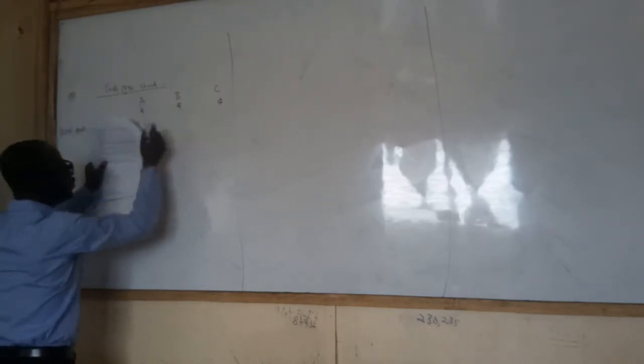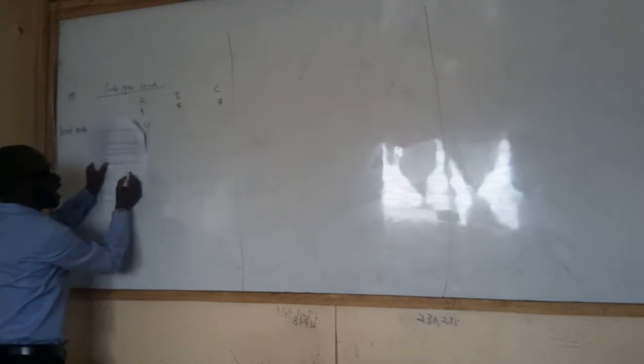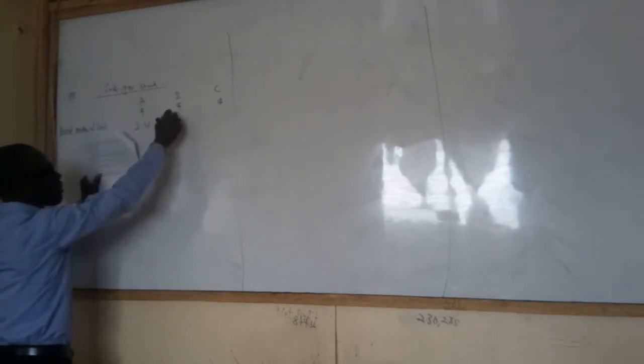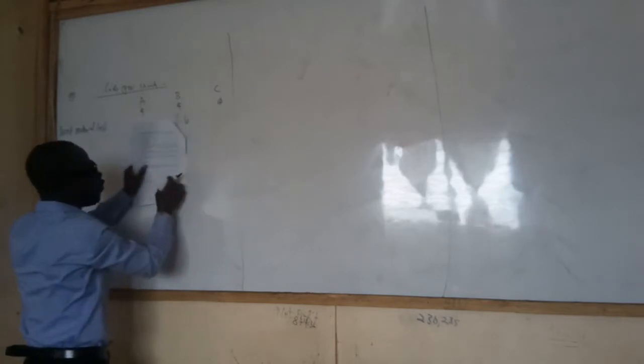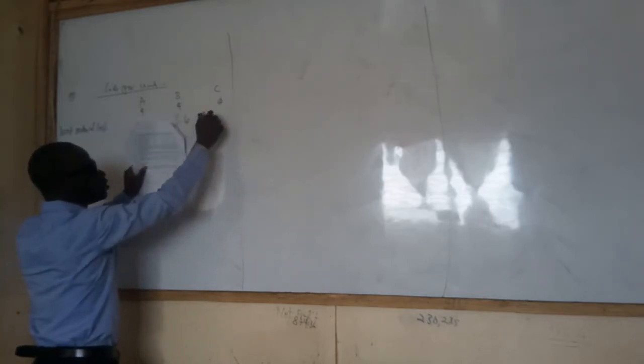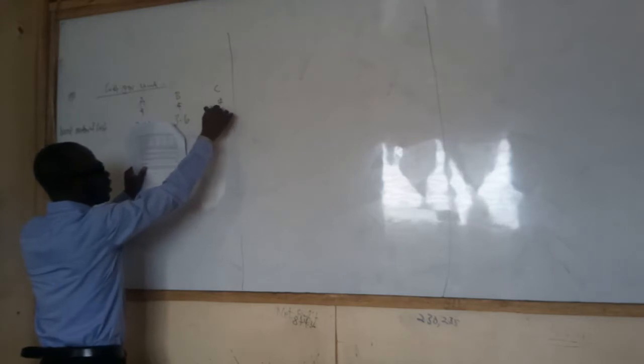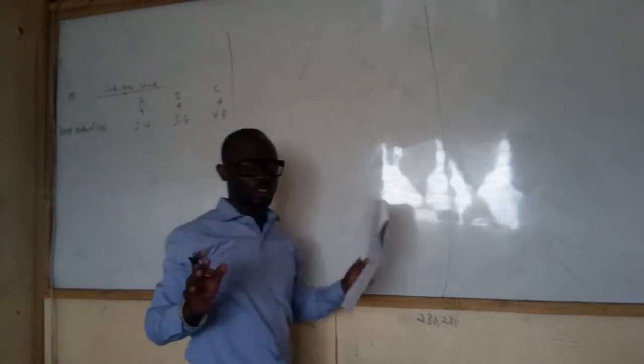Okay. B uses 3. So 3 times 1.2 is 3.6. C uses 4. So 4 times 1.2 is 4.8. I hope it makes sense. So that's the first thing.